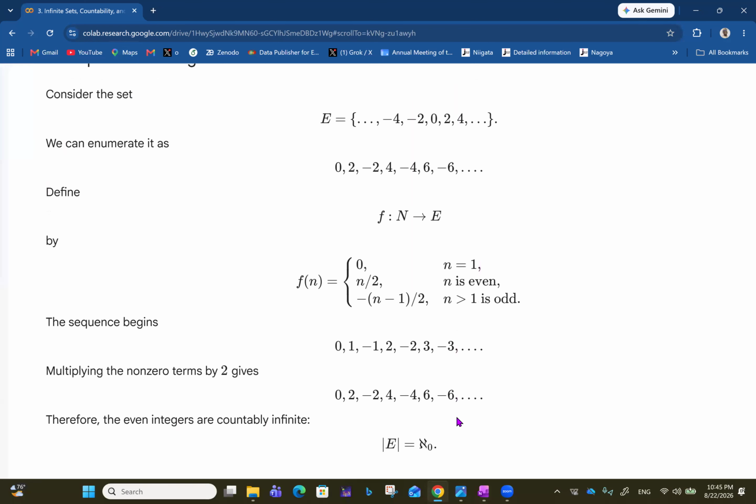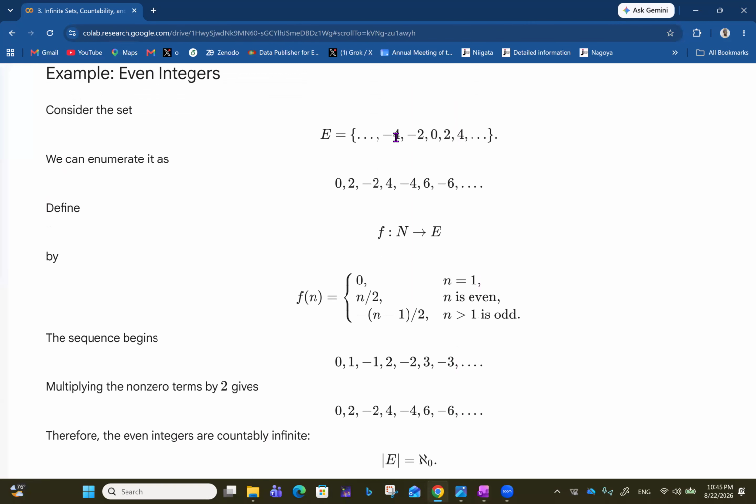So we have another example, for even integers now. Consider the set {..., -4, -2, 0, 2, 4, ...}, basically the even integers. We can enumerate 0, 2, -2, 4, -4, 6, -6. If we define F mapping natural numbers to the set of even integers, then F(n) is 0 when n is equal to 1. Then for even n, we have n over 2, so for n = 2 that's 1.